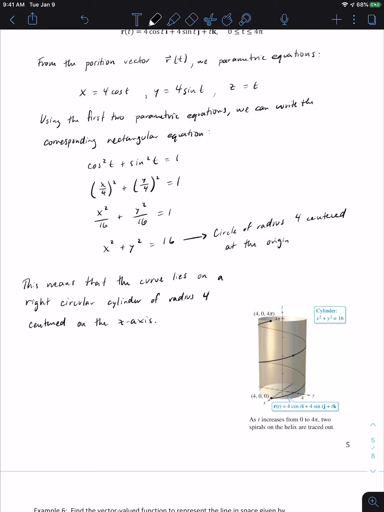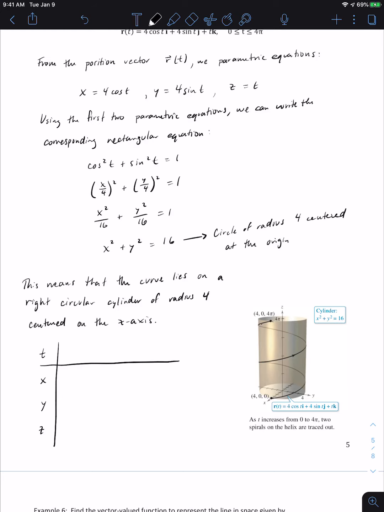So now again we're going to be on different points on this cylinder, right? So what we can do is just what we did before. Let's take different t values and find our different i, j, and k vectors, or we could think about it as finding x, y, z points. So this time, since we want to do something a little different than the elastic example, let's find x, y, and z points.